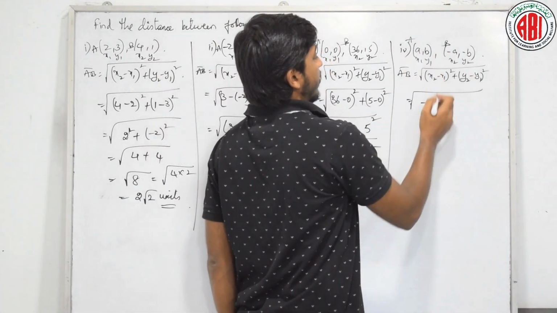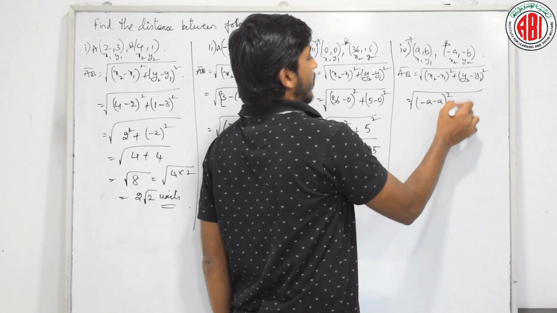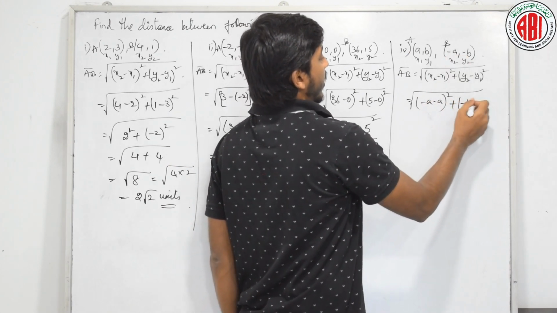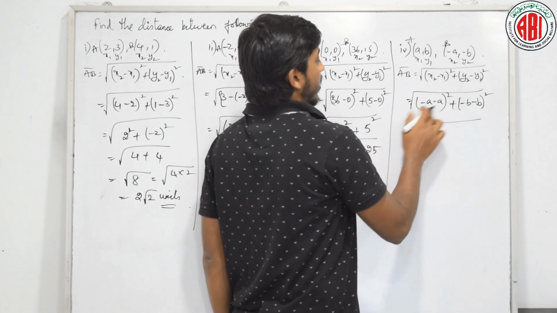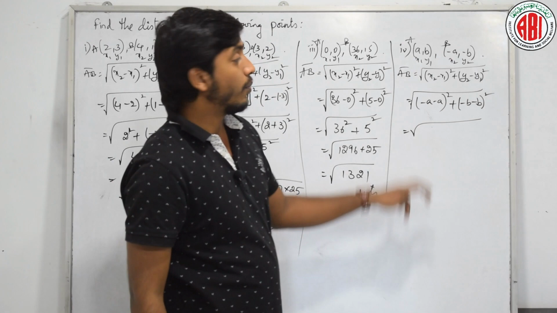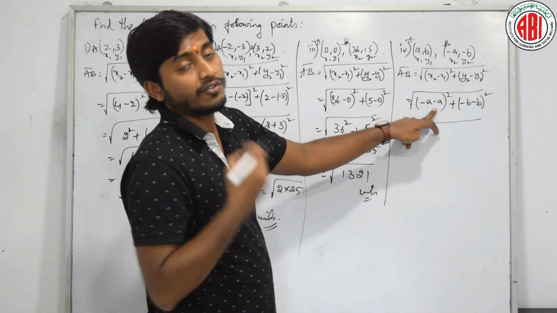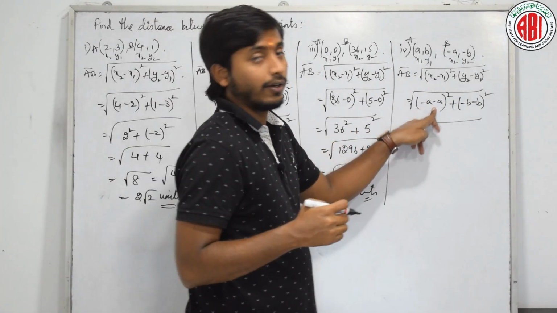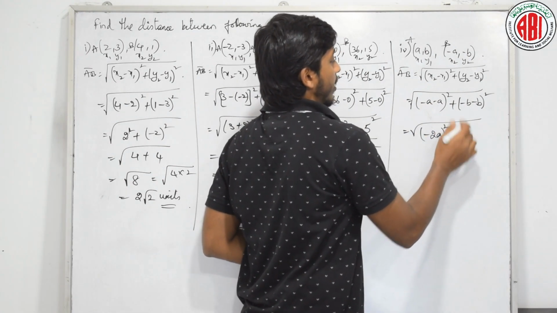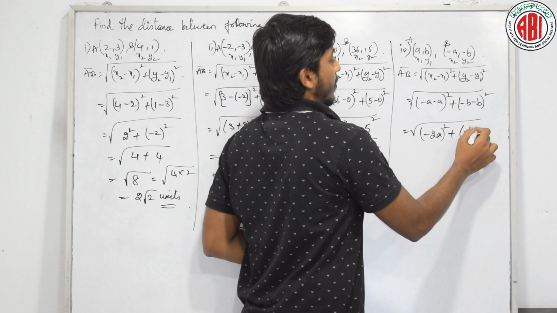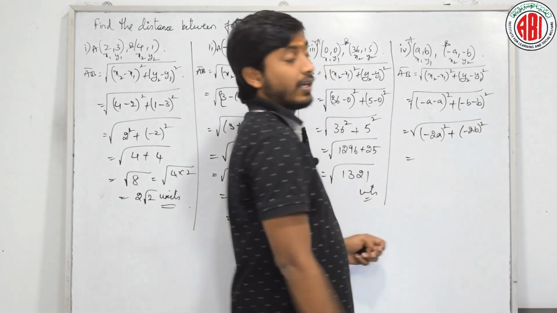Minus a. What is x1? Minus a, whole square, plus y2, which is minus b. y1 is minus b, whole square. What is minus a minus a? Both have the same sign, so we have to add them. Minus a is minus 2a whole square plus minus b is minus 2b whole square.